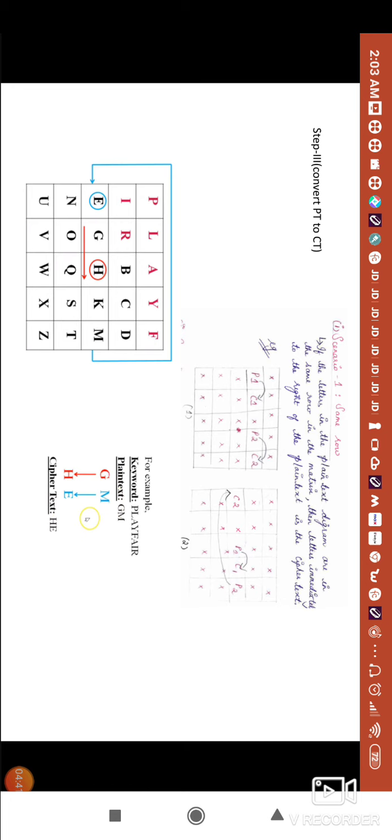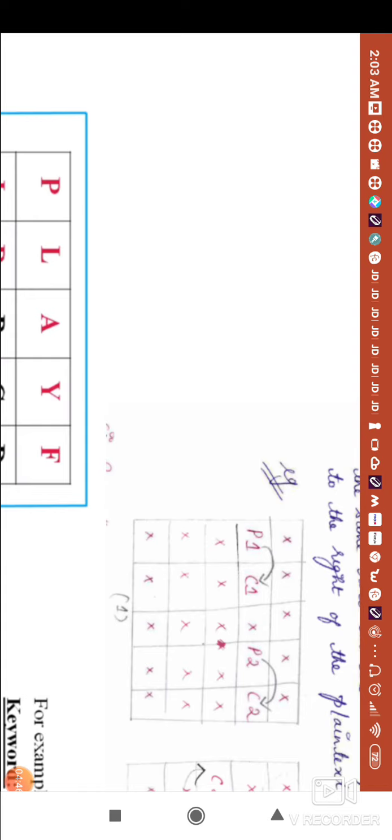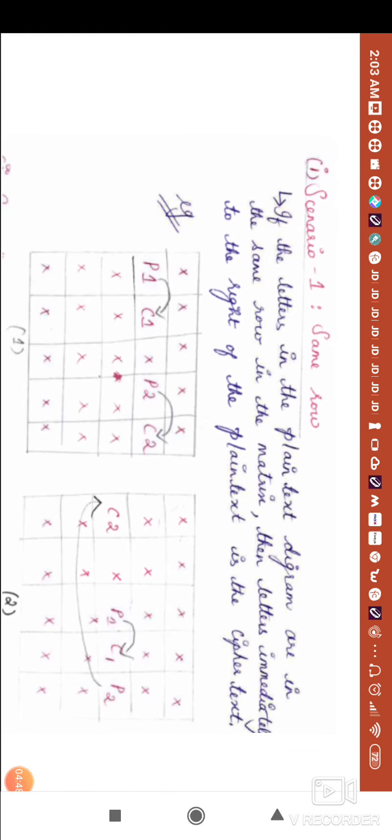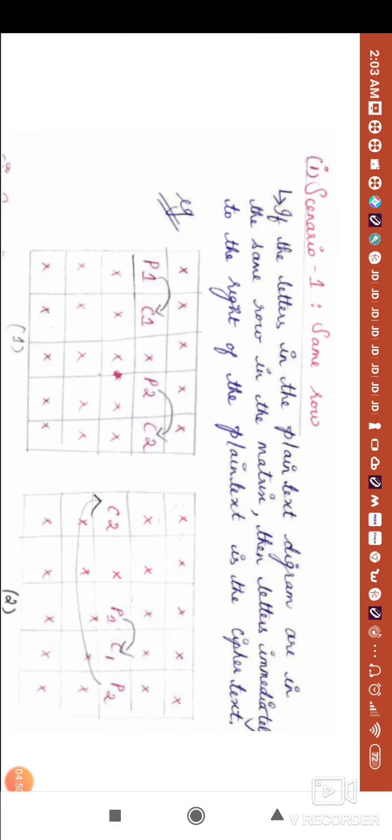The third step is converting the plain text to ciphertext. Here we have 3 scenarios. The first scenario is, if the plain text letters are in the same row, how do we encrypt?